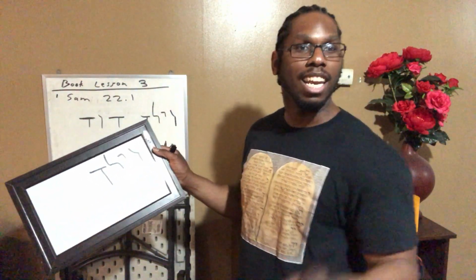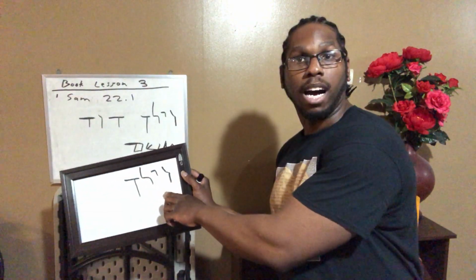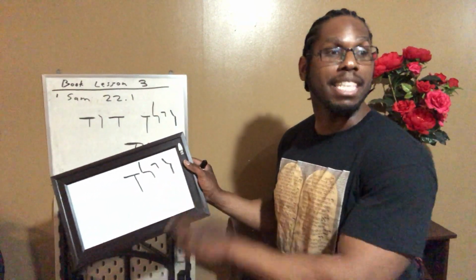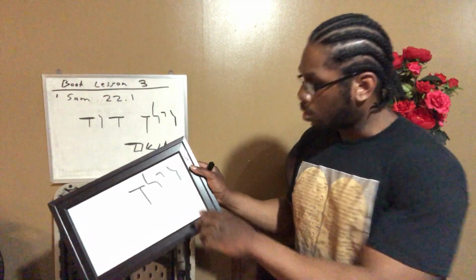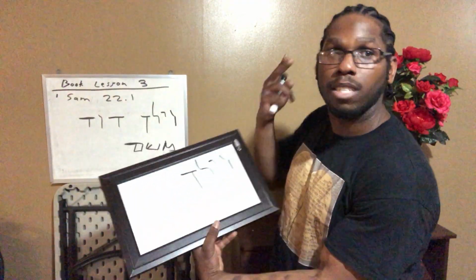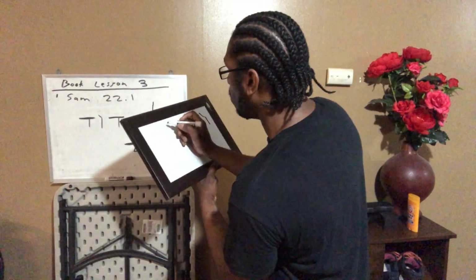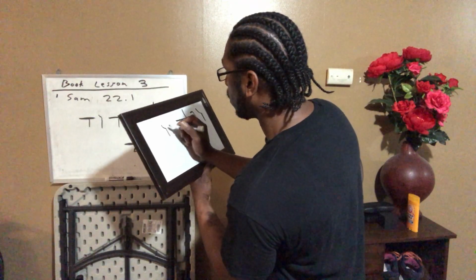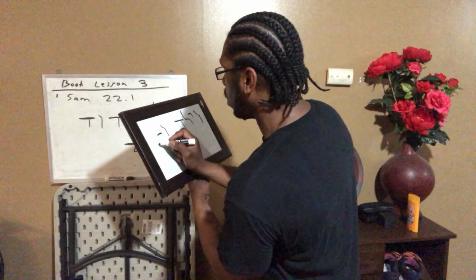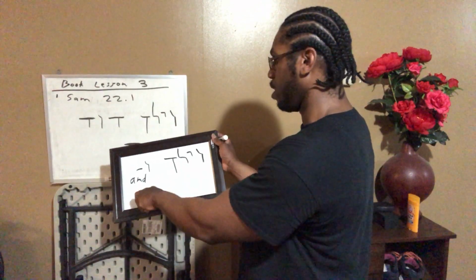The only words that would start with the Vav would be names, like Vashti. But no Hebrew words really start like that. So automatically think in your mind, when you see this, it means and. So this is and, right?